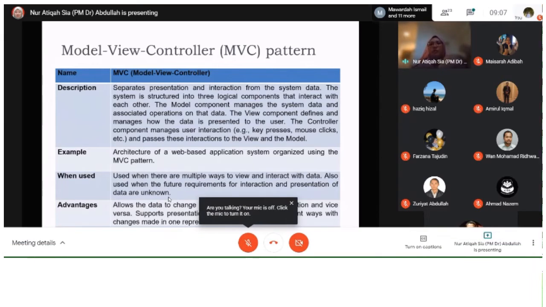So if you organize it nicely, this will be the pattern of it. Kalau you kata, saya follow MVC ni, bila you open your system or open the code, you nampak memang ada organize dalam 3 folder yang berbeza: Model, View dengan Controller. So when we have a model, view dengan controller, when we want to use it, when we have multiple ways to view the data.